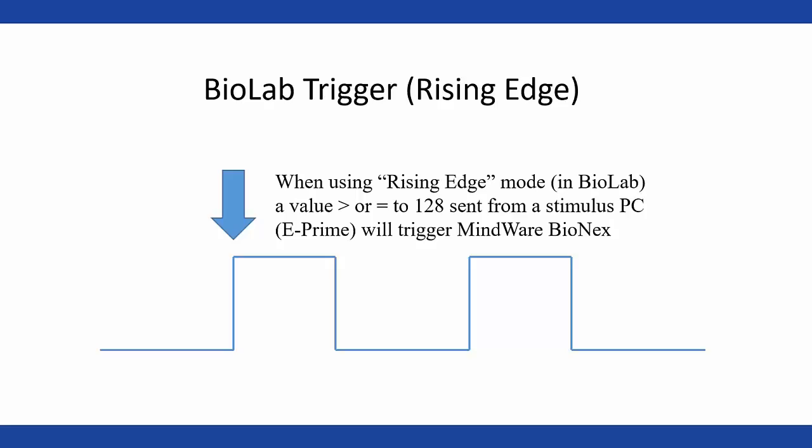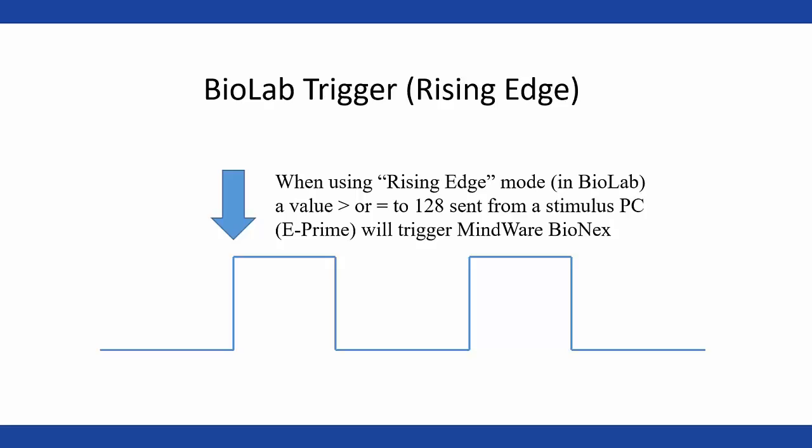What we're going to demonstrate is called rising edge, and what we're looking for in this mode is to go from a lower value, most people will start with 0, and then send a byte value of 128 or higher. This is depicted here in our little square wave diagram.